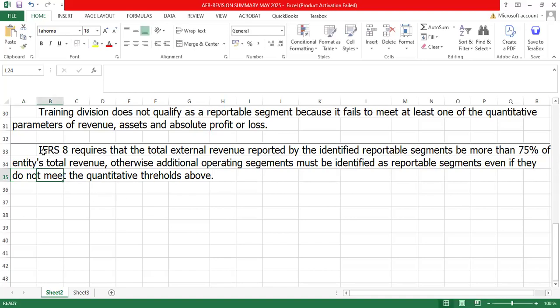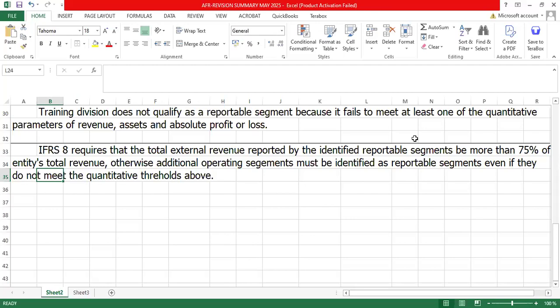Here what I'm writing is that IFRS 8 requires that the total external revenue reported by the identified reportable segments be more than 75% of the entity's total revenue.